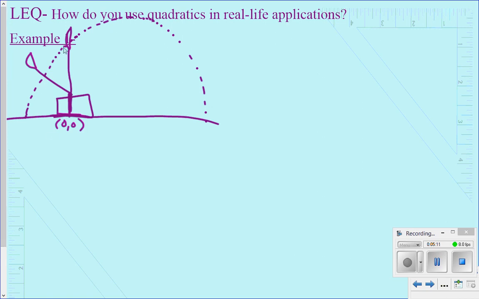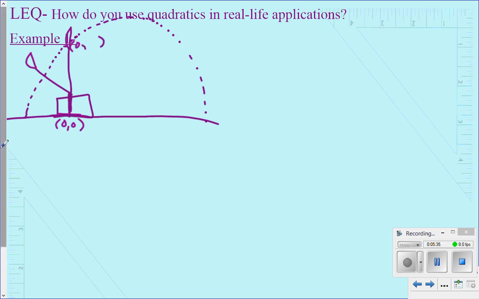So if x is the distance from the point it's released, and I'm trying to figure out the values at this point, well, if this is where it's released, then it's going to be 0 feet away from where it's released, because that is where it's released. That's the x value because it says the horizontal distance away from the point it's released is x. So we know (0, comma), we don't know the y value.